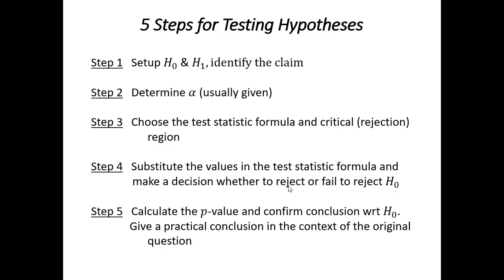Step 5 would be to calculate a certain probability we'll call the p-value, confirm the decision obtained from step 4, and try to give a practical conclusion in the context of the original question or problem. So we'll be following this format throughout this video, and also this should be done on homeworks and tests.